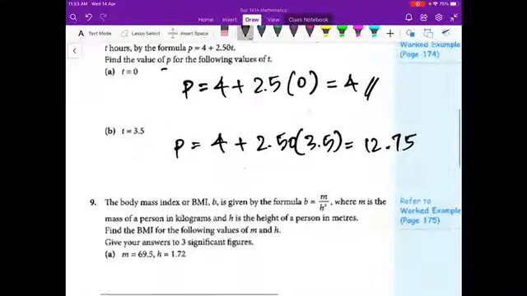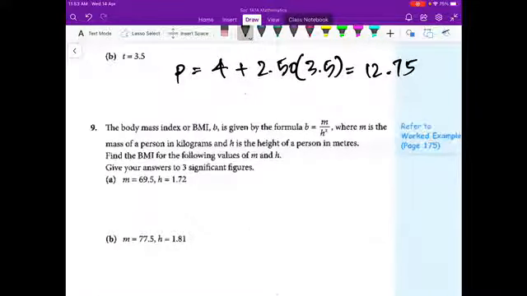Okay. What is the BMI for part A? What should we write first? Okay, B equals 69.5 over 1.72 squared, yes. Press calculator again.